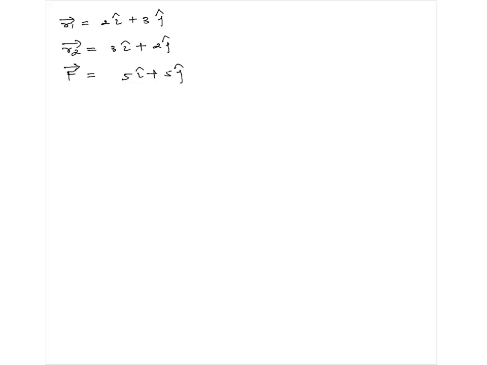So what is the work done? What is the work done by this force? Yes, 0 is correct.